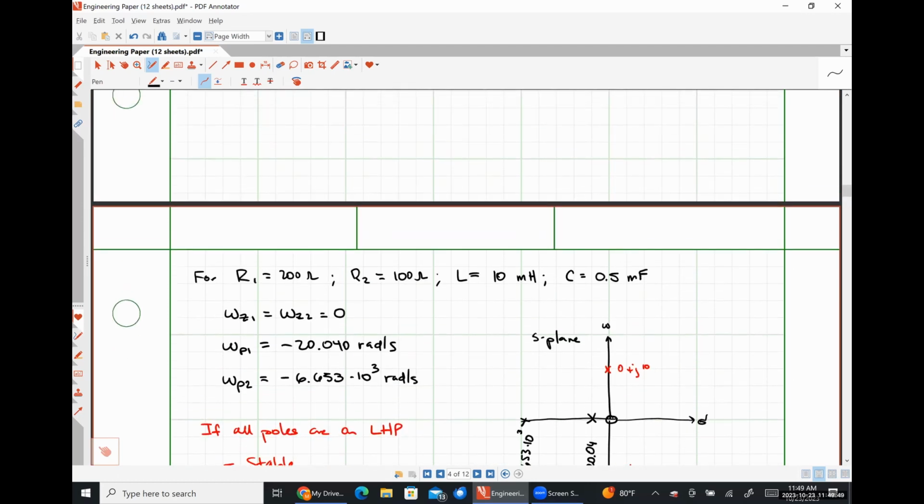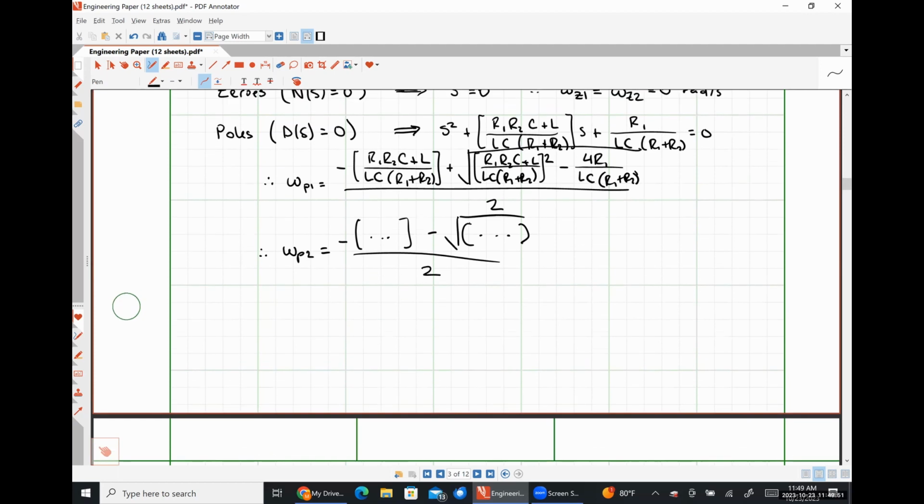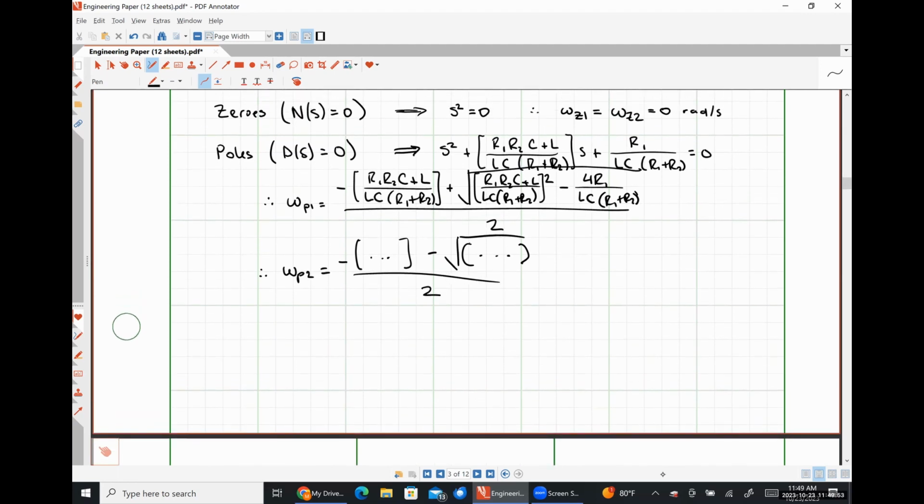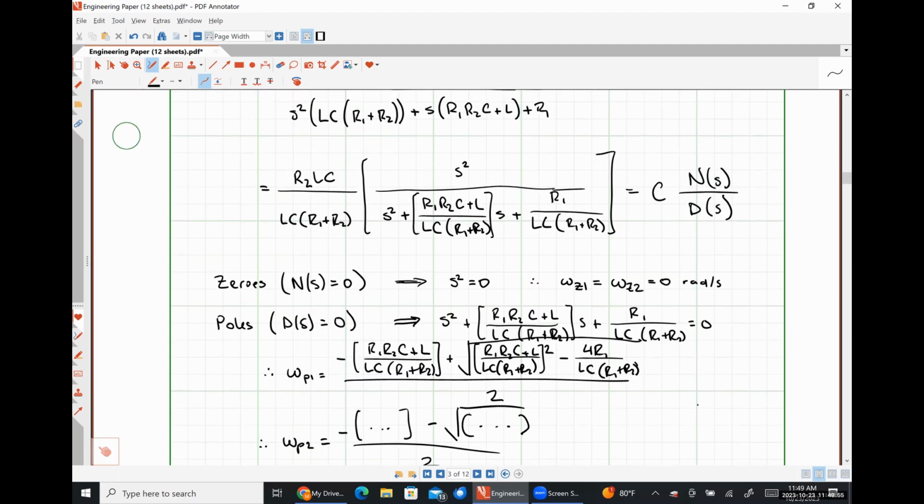So R2, 100 times 10 times 10 to the minus 3, 0.5 times 10 to the minus, oh, well, those LCs just cancel each other out, so that's way easier actually.